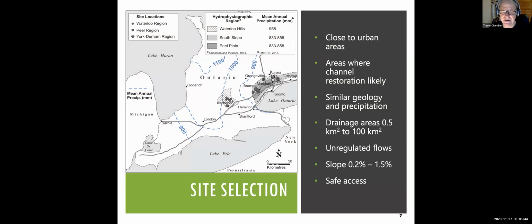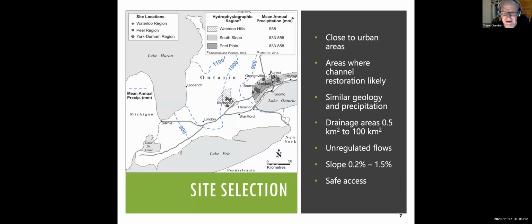And it's a very highly populated area, with a lot of large centers, Toronto, Brampton, Kitchener, Markham. So there are a lot of urban areas here. And as you may know, there are a lot of watercourses in urban areas that are often disturbed and need restoration. So that was one of the key factors that led us to choosing this area.